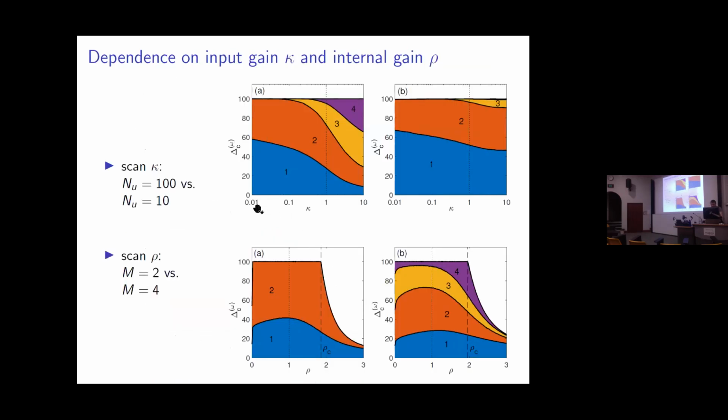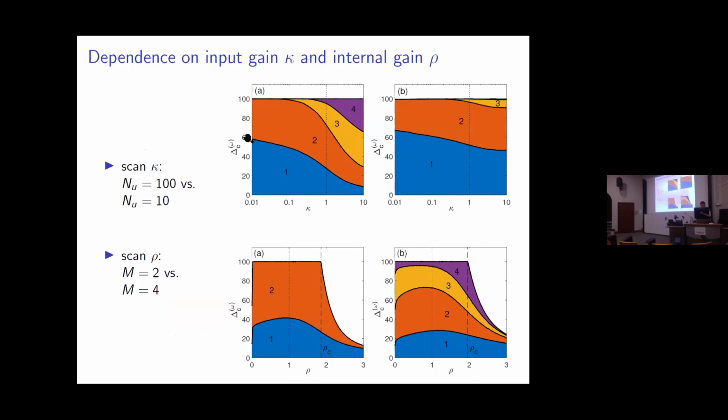Also interesting, if you look at the input gain, from very low to very high, first order capacity, as expected, decreases when you increase the gain. Because as you increase the gain, you're operating the reservoir more in its nonlinear regime. Recall there are typically nonlinear activation functions like tangent hyperbolic or sinusoidal activation functions. And with this high gain, you're operating them in their saturation regime.